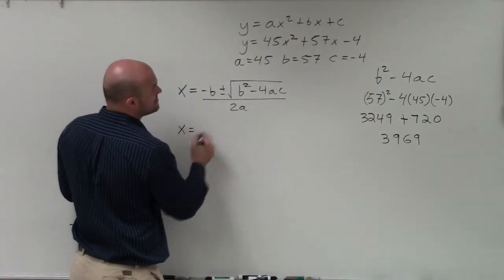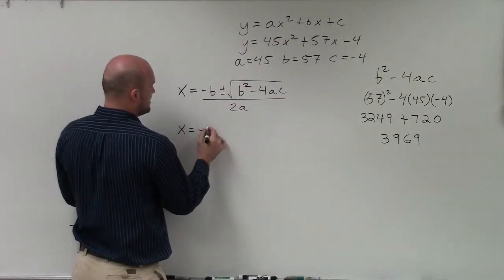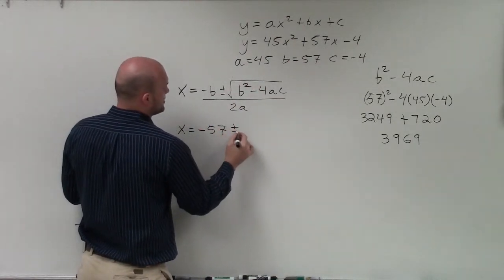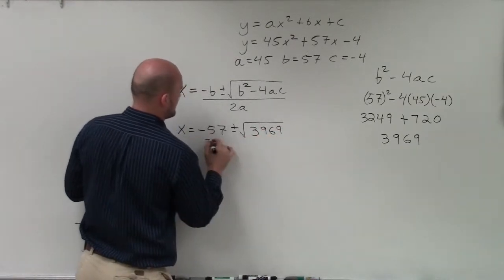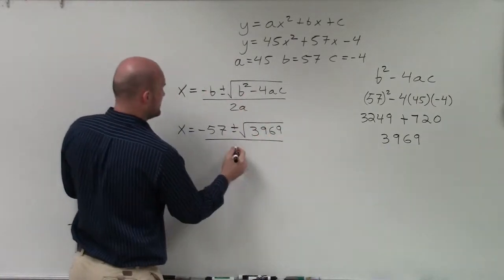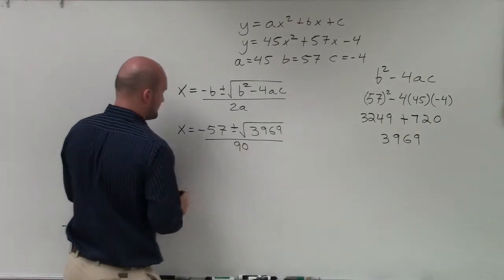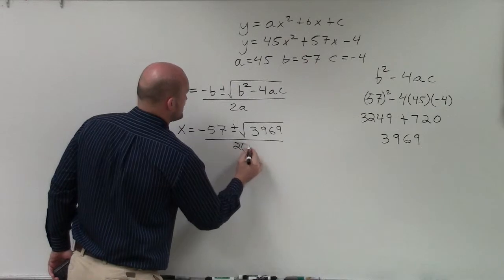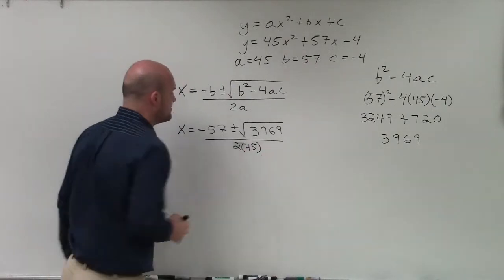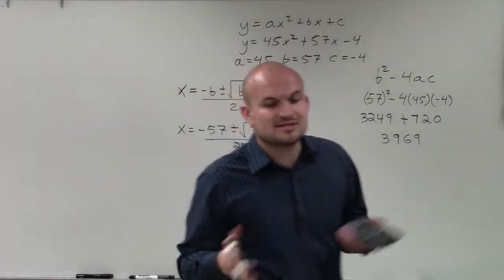So x equals opposite of b, which would be negative 57, plus or minus the square root of 3,969, divided by 2 times a, which will be 90. Let me just write it in there: 2 times 45.